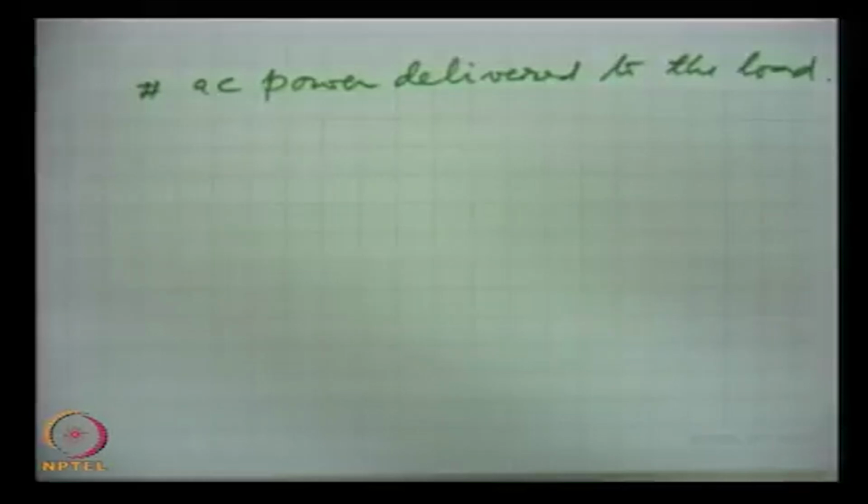This is one consideration. Another consideration is with what conversion efficiency the amplifier provides this AC power. By conversion efficiency we mean, after all, from where does the AC power come? If an amplifier delivers, for example, 50 watts of useful AC power to the load, from where will this power come?